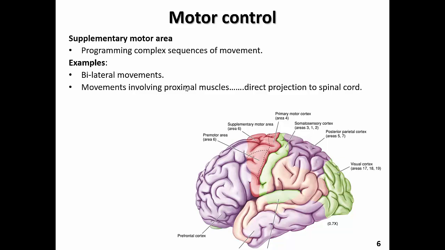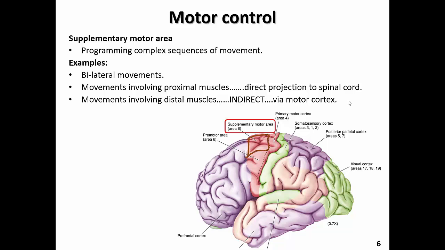For these types of movements, there are direct projections to the spinal cord. When I say to the spinal cord, I'm referring to the alpha motor neurons, because it's those motor neurons that directly synapse onto the skeletal muscle fibers. In terms of movements that involve distal muscles, the involvement of the supplementary motor area is indirect, and that would operate through the motor cortex.